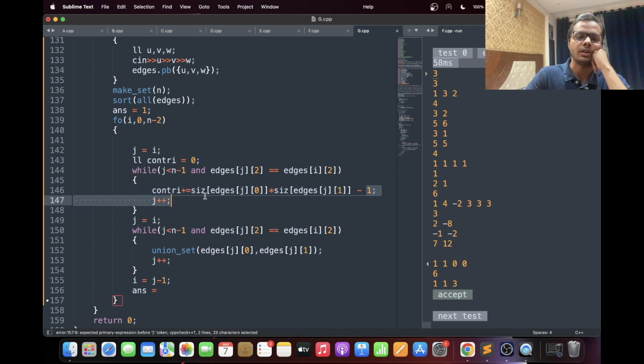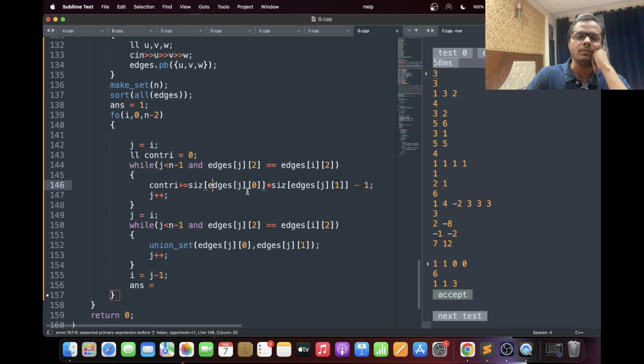We can't have multiple edges, obviously. Oh, right. We'll also need to. Okay, so that makes it much more complicated.